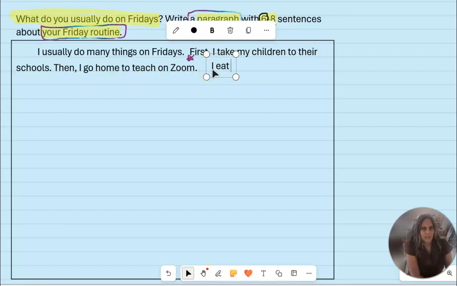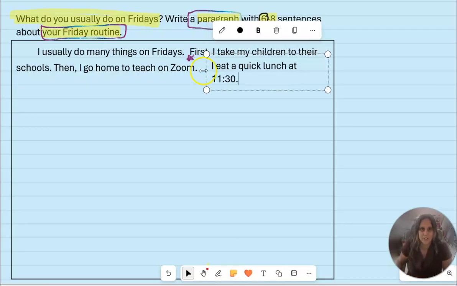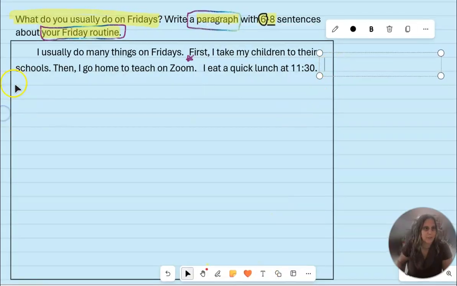I eat a quick lunch at 11:30. Oh, that just fits right there. So now my next sentence, yes, I can start on the next line because there's not enough room. So I keep going here.